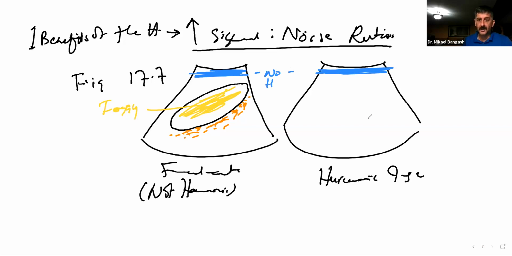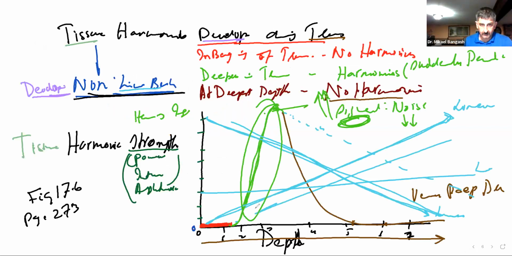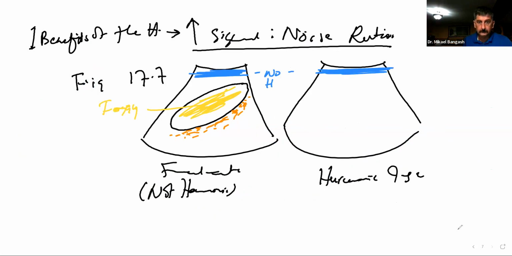But when we use harmonics, one of the benefits, as we said, is that the use of harmonics increases the signal to noise ratio. As we talked about on the previous image, this is the area where we have harmonics. This was superficial.